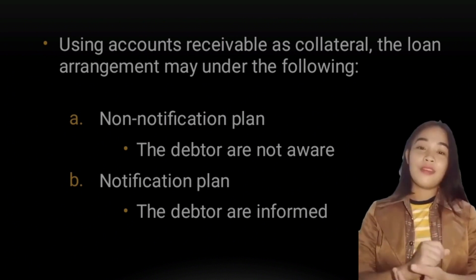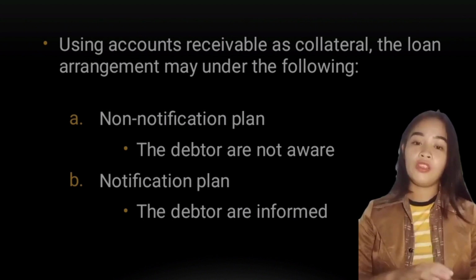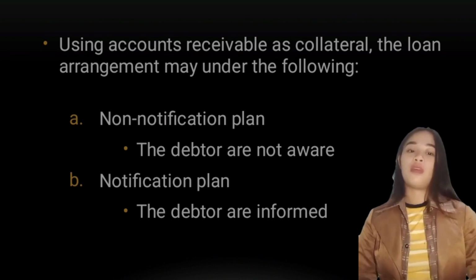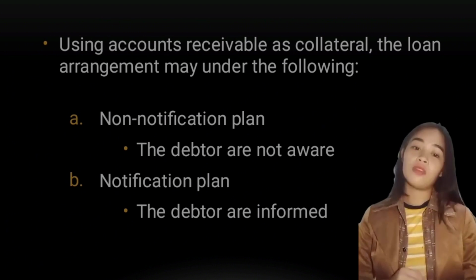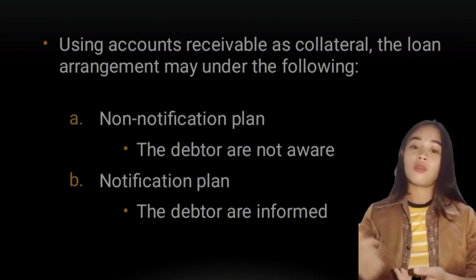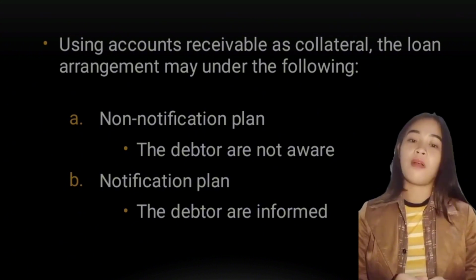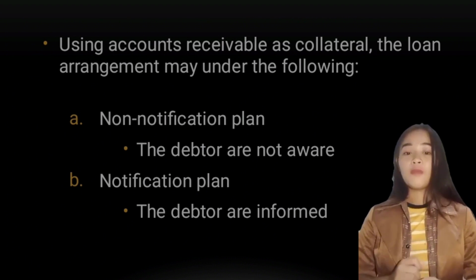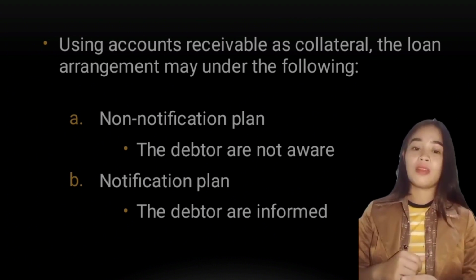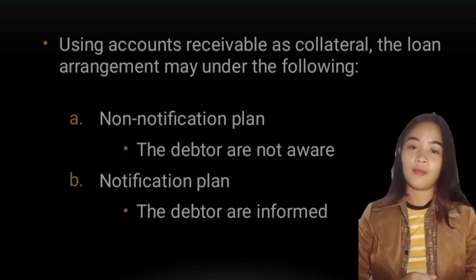Under the non-notification plan, the debtors of the borrowing firm are not aware that their accounts have been pledged as collateral for a loan from a finance company. When the debtors are informed, the plan is of the notification type.